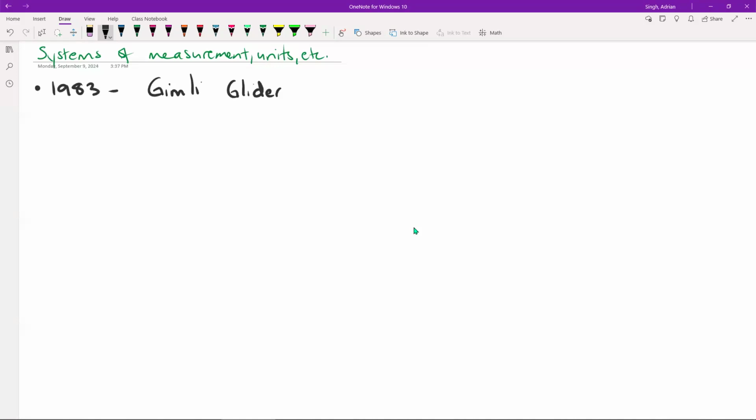What happened here was there was an Air Canada flight going from, I believe, Montreal to Edmonton. If you're familiar with Canadian geography, Montreal is on the east coast, Edmonton is kind of in the middle of Canada, in the plains. So it's a fairly long way.